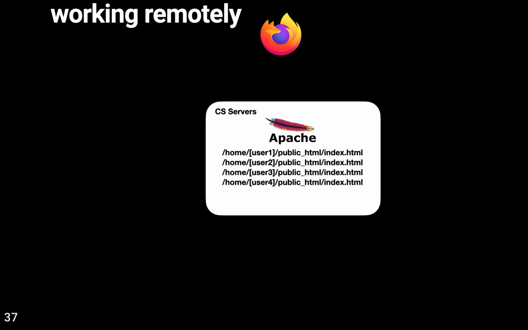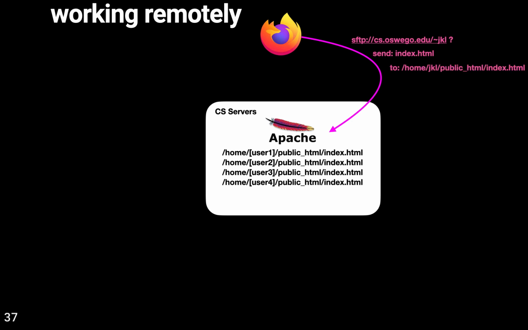To upload a file that I want to be on my website, I would say, hey, I'm going to open an SFTP connection to Oswego. I'm going to give you my credentials. And what I want to do is send this file to this location: home, JKL, public, HTML, index.html. This would be me editing the main page of my website, essentially.